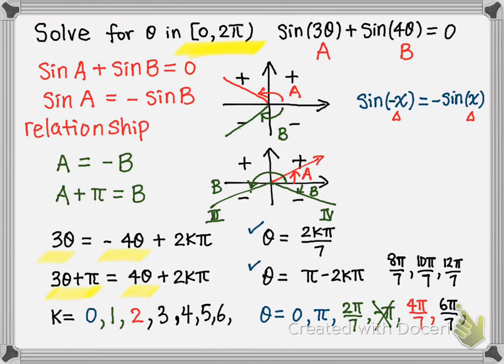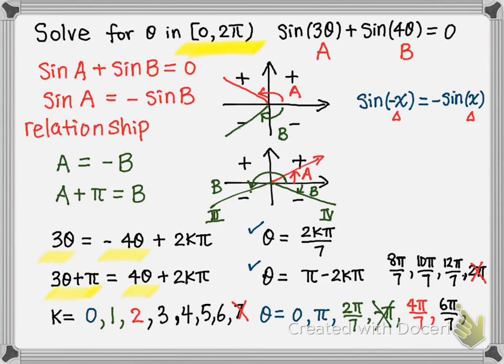Now what happens when you plug in the number 7? The top one is 2 times 7 pi divided by 7. The answer is 2 pi. 2 pi is not included in the interval. So that's it, you're done. 7 is too big.